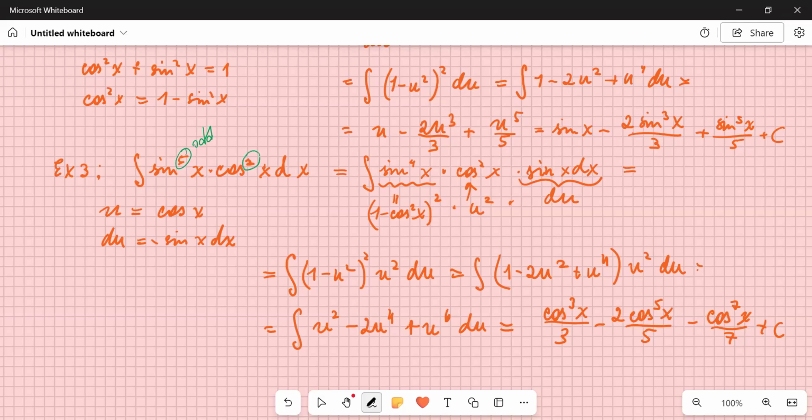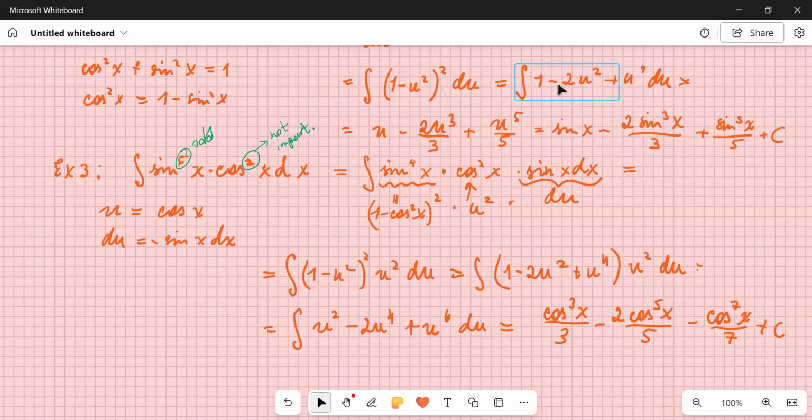But it was not important what is the power of cosine because cosine will be converted into u directly. So whether it's even or odd doesn't matter actually because it's just going to become either u squared, u cubed, or whatever u. So I'm going to write down not important. Sorry, hard to write down this word.